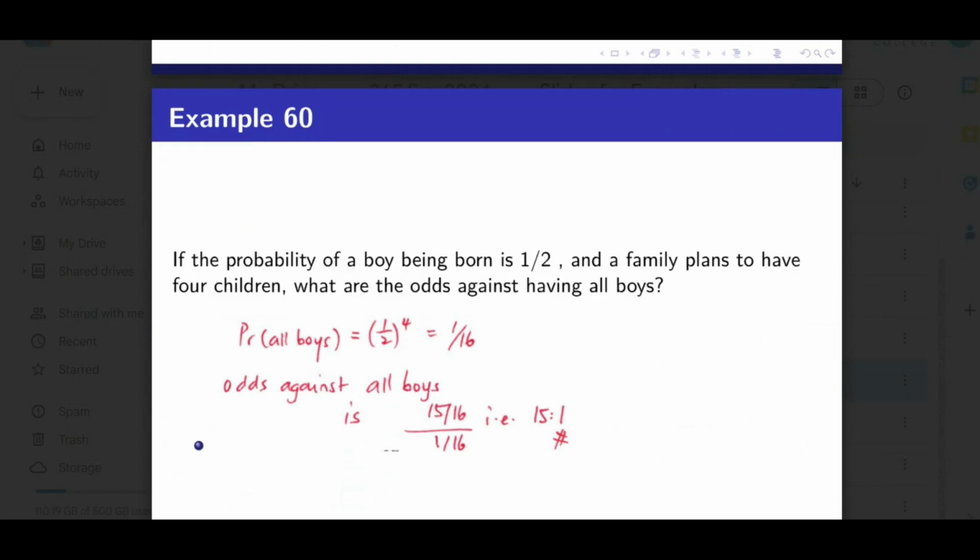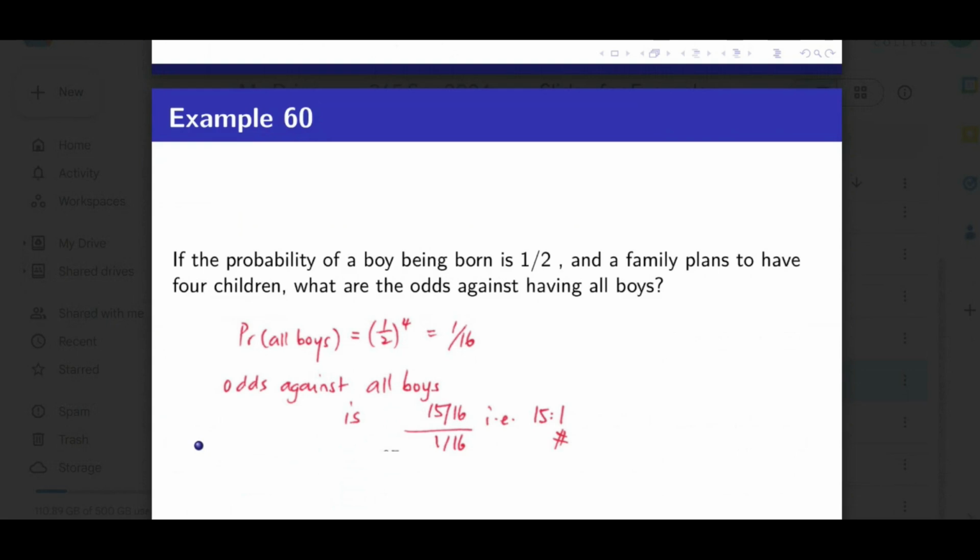So the probability of all 4 births resulting in males is 1 in 16. And so the odds against that is 15 to 1. So what's the interpretation of that? Well, it just means that in a whole bunch of families that have 4 births, only 1 in 16 in the long run will be all 4 boys.